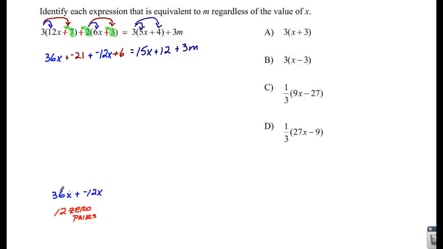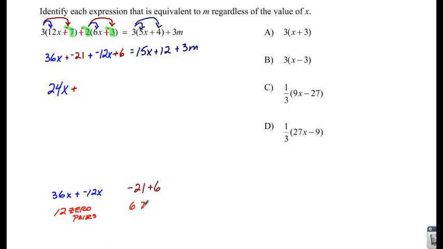So 36 positives, 12 negatives. These 12 negatives cancel out 12 of those positives, leaving 24 positive x. All right, plus, everything's going to be addition. I had negative 21, and I'm adding positive 6. This, again, is going to create zero pairs, negatives and positives.